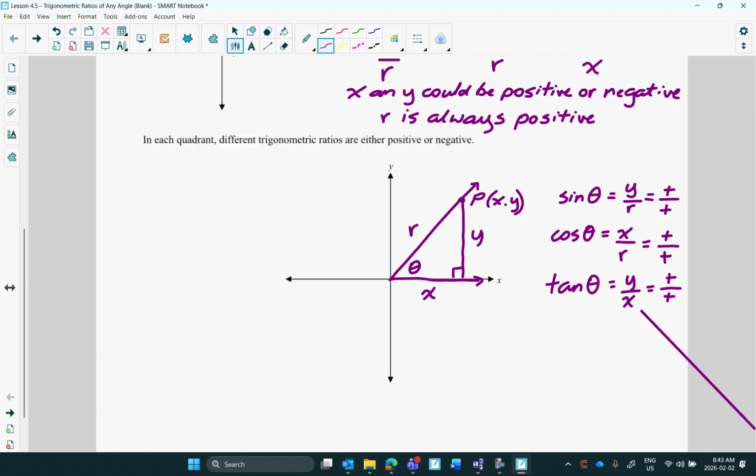What if I want to draw a right triangle in quadrant 2? So there's an angle in quadrant 2 between 90 and 180 degrees. How do I draw a right triangle? Well, put a point on the terminal arm and draw a vertical segment down to the x-axis.